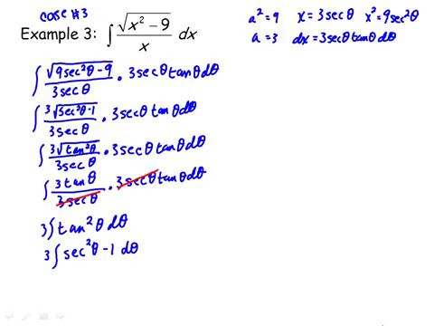Okay, do you know how to integrate a secant squared theta? You should. So this is going to be 3. Do I need to break these apart, or are you going to see what I'm doing? I'm going to integrate secant squared theta, and then I'm also going to integrate the 1 d theta. If you integrate 1 d theta, what is that going to turn into? Theta. Okay?